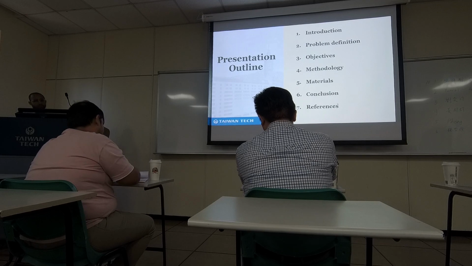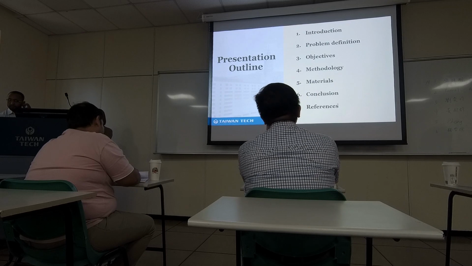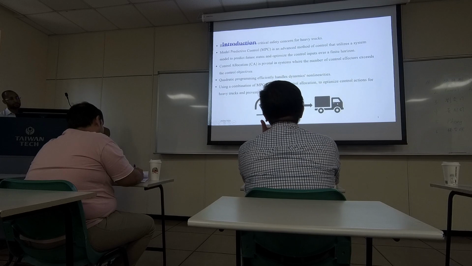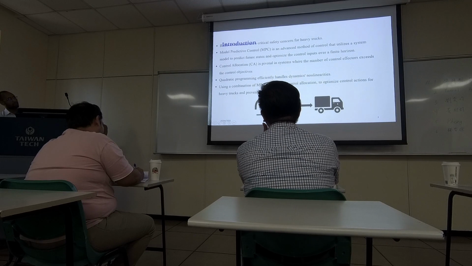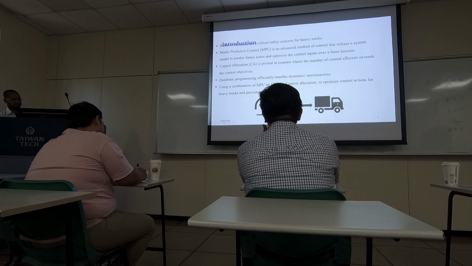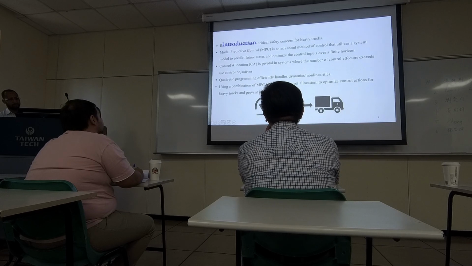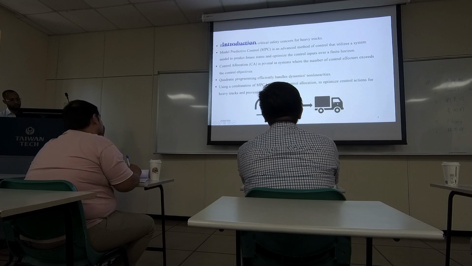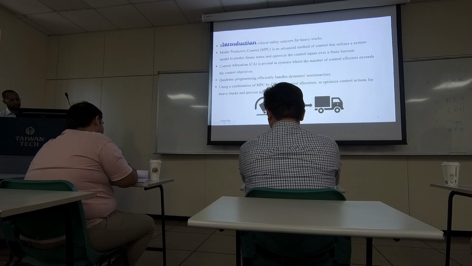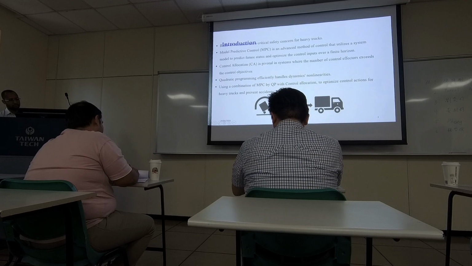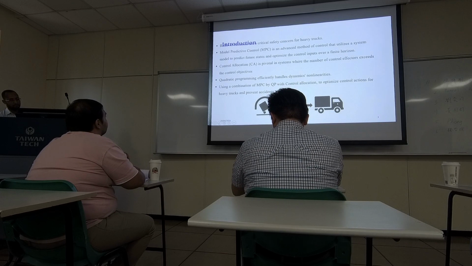And this is our outline. We divide it as introduction, problem definition, objectives, methodology, materials, conclusion, and reference. And for the introduction, we'll go over accident areas, a critical safety concern for heavy trucks. MPC is model predictive control. It is an advanced method of control that utilizes a system model to predict future states and optimize the control inputs over a finite horizon.